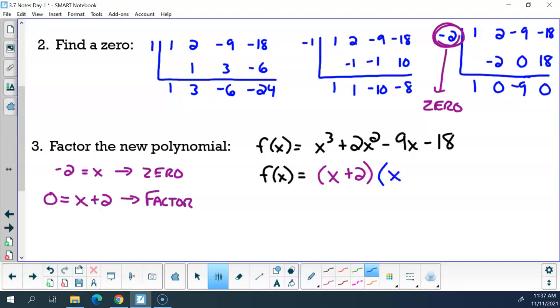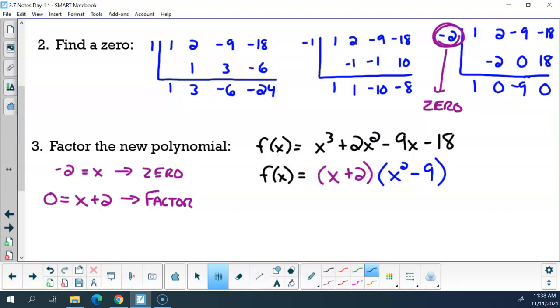X squared plus 0x, so we don't have to write it, minus 9. Can x squared minus 9 be factored? That's it?